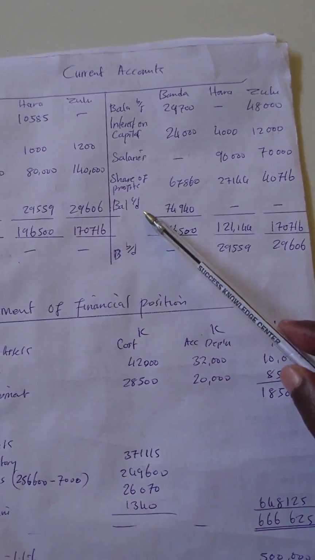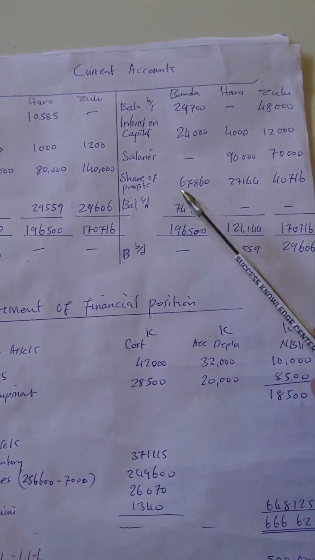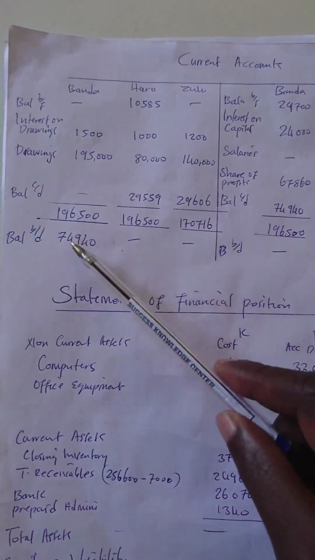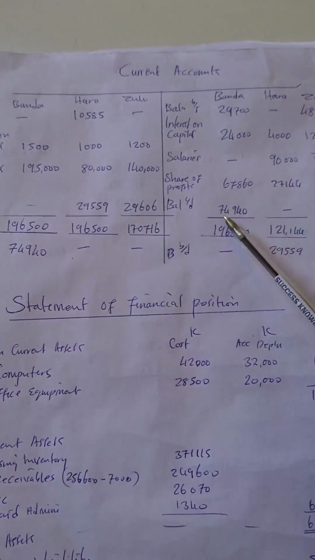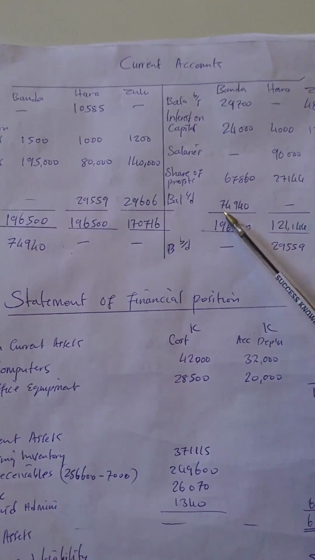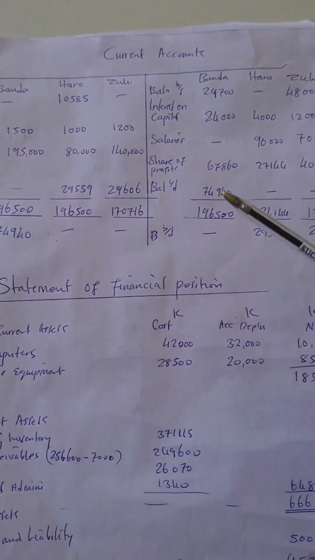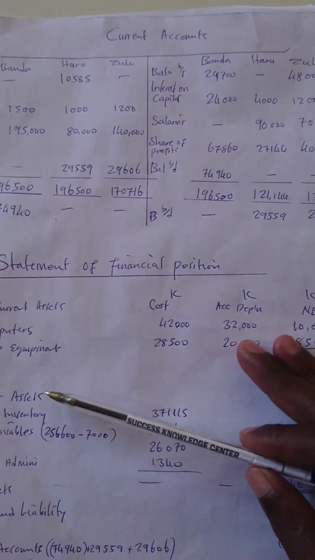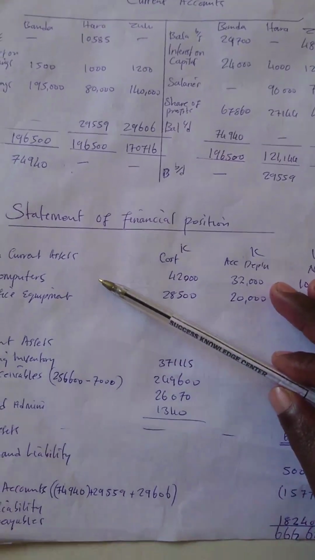Banda has a balance carried down from the credit. If you bring down this one, it's going to go on the debit side, which means that Banda doesn't have any benefits in the current account. So that's how you work out the current account. It's not that hard, it's simple and straightforward. Where you don't understand, please hit me up, I'll be able to explain.